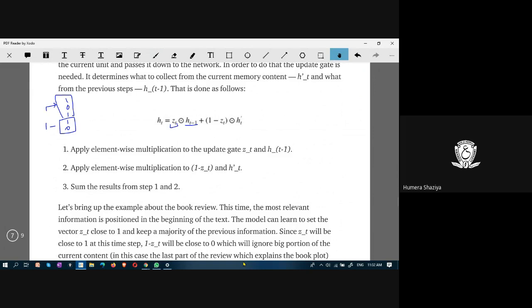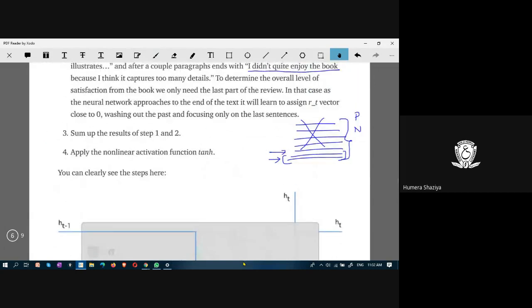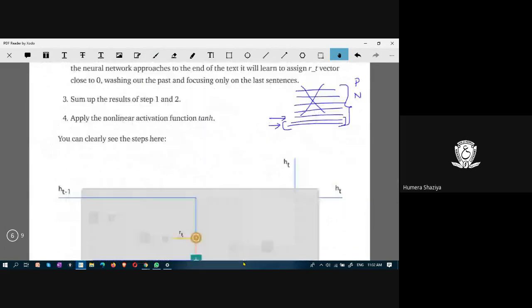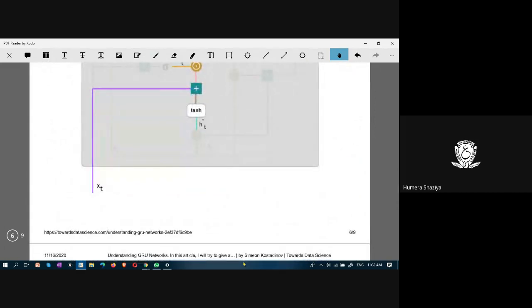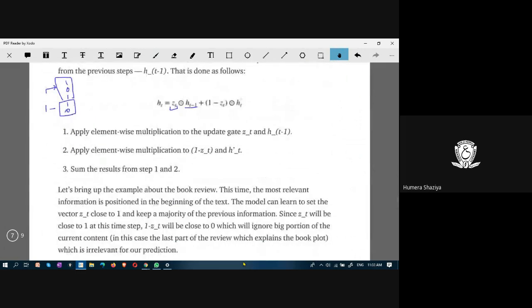Element-wise product with HT dash. HT dash is what has been obtained here. In the previous step, at this point, HT dash was obtained. That you perform element-wise multiplication with 1 minus ZT.